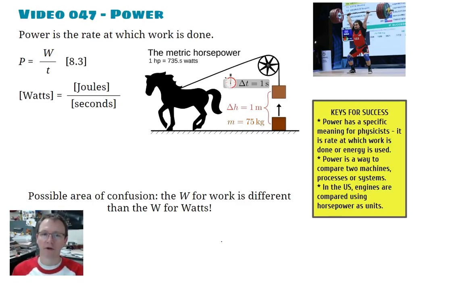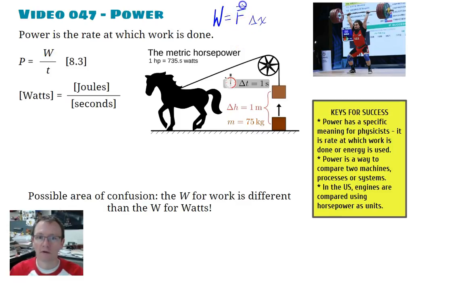The concept really bases itself off of work, and so I'm going to just put that up there again. The formula for work, I'll put it over here so that we can remember it. Remember that work is equal to the amount of force that you do multiplied by the displacement of the object as a result of that force.